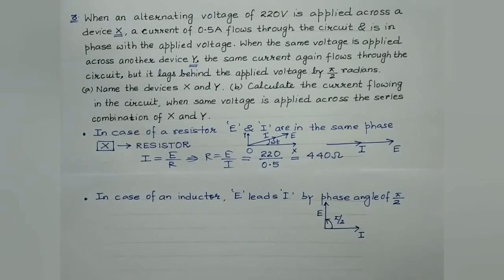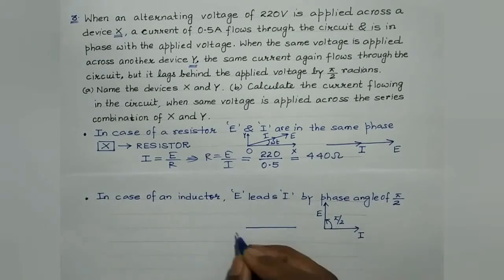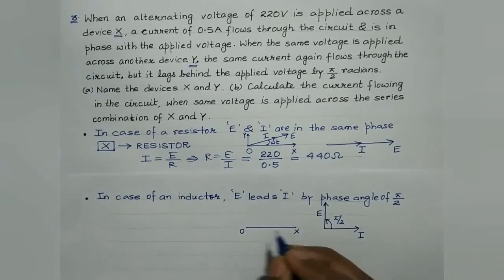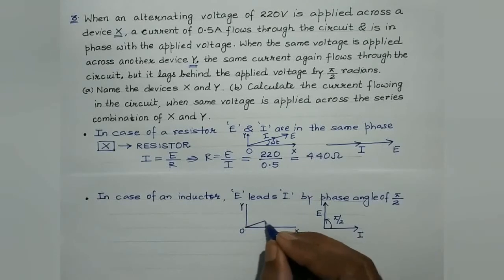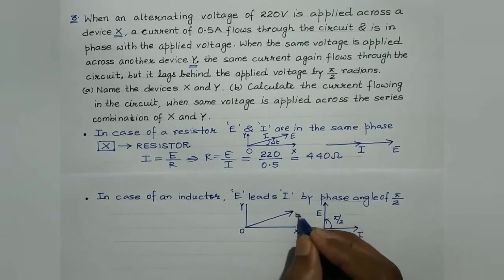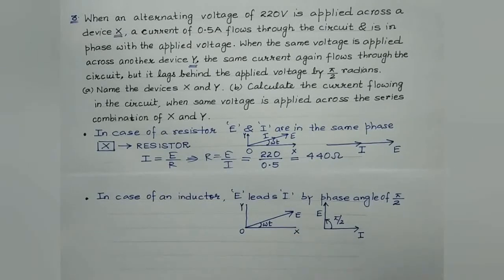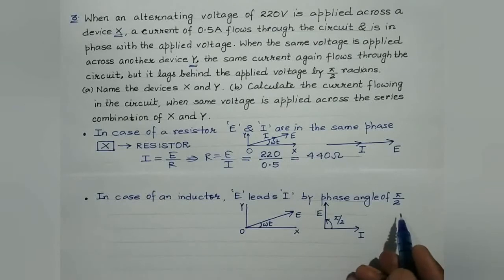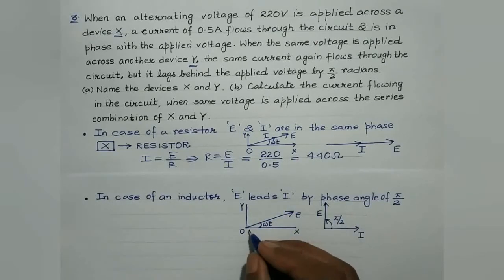Or in other words, this is another alternative way of drawing the phasor diagram. Suppose it represents OX and this represents OY. Suppose this is the EMF, right? It is making an angle of omega t with the x-axis. So EMF leads current by phase angle of pi by 2, or the current lags behind the EMF by phase angle of pi by 2. It's the same thing.